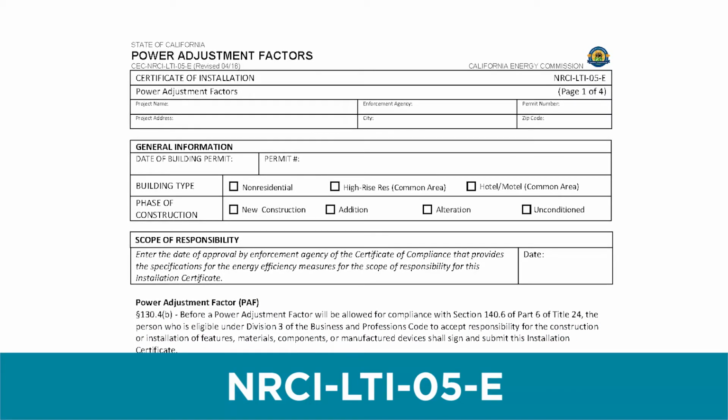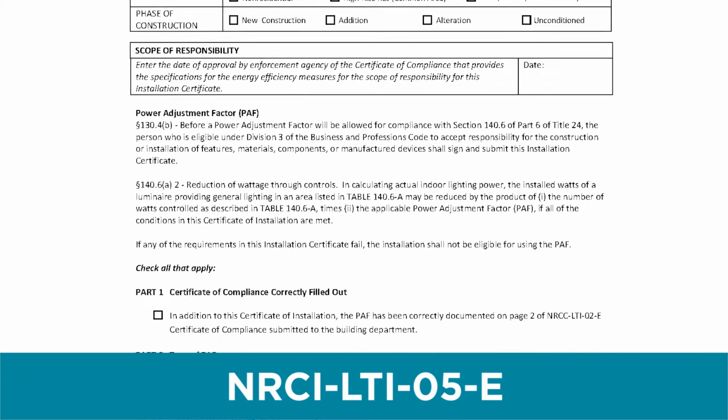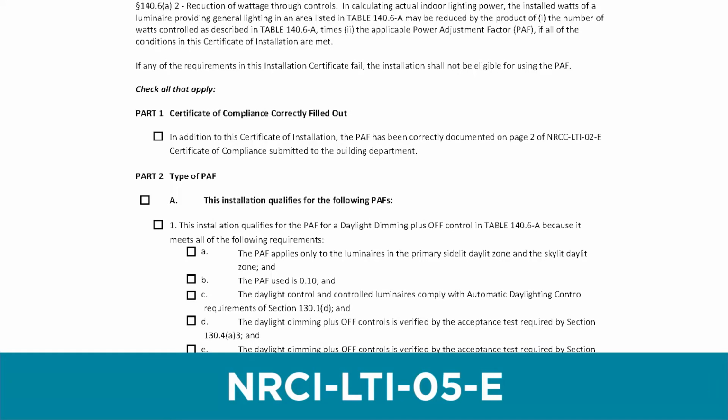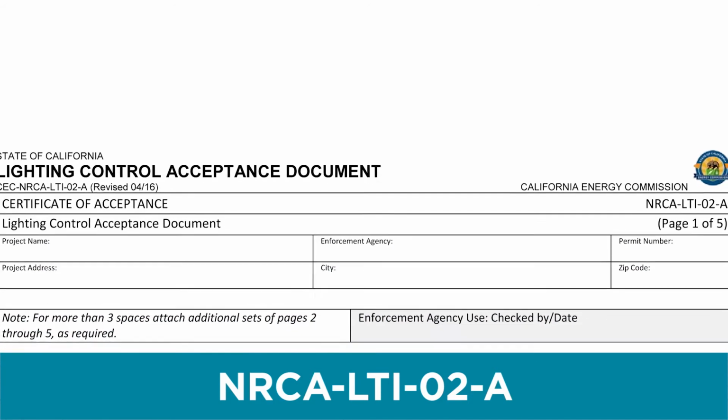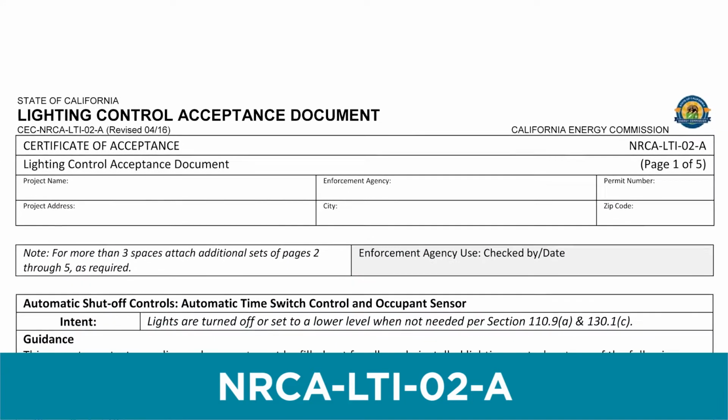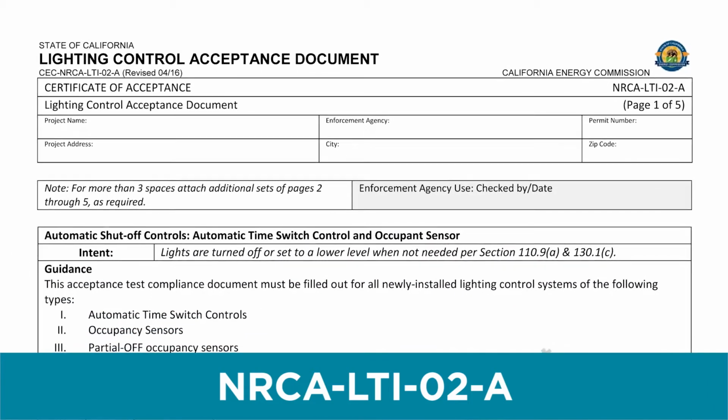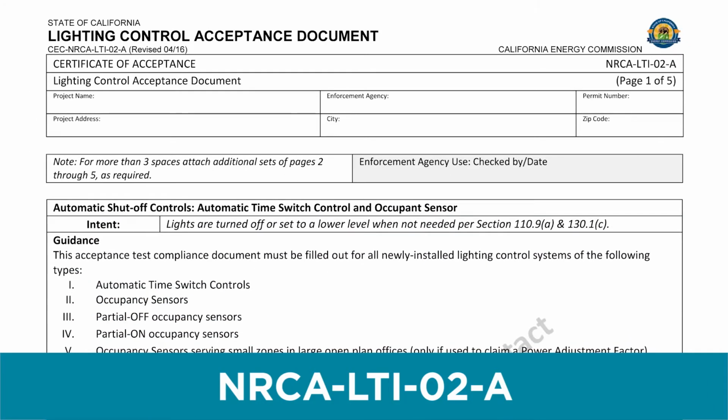The responsible party must certify that the occupancy sensors are properly installed and meet all the requirements of the PAF. Acceptance testing is required for all types of shutoff controls. Acceptance test results are documented on compliance form NRCA-LTI-02-A. However, if controls are installed to control 20 or fewer luminaires for the entire project, acceptance testing is not required.